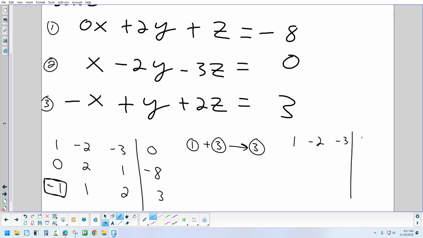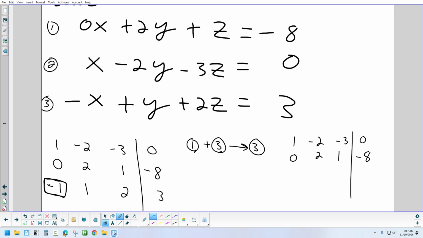If it's 1 plus 3, how does it equal 3? Remember, these aren't numbers. These represent rows. These represent equation 1 plus equation 3, and we're going to put the answer where equation 3 is. And then row 2, we're not replacing anything there. And now let's go through what we have to do.